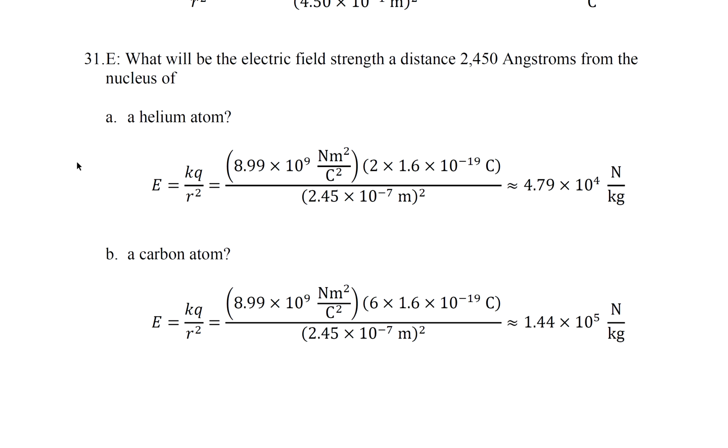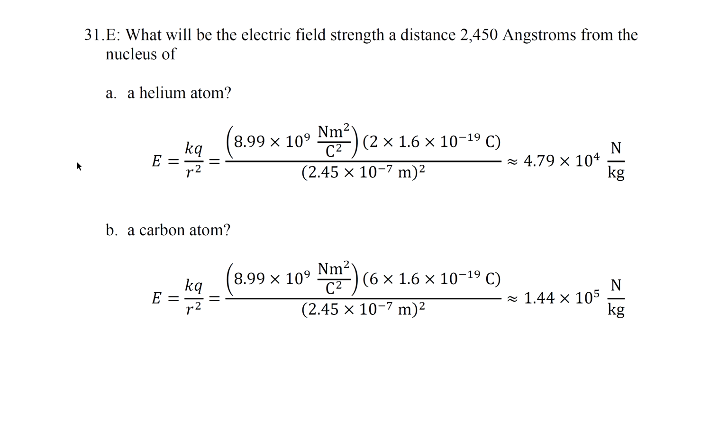Question 31. What will be the electric field strength at distance 2450 angstroms from the nucleus of a helium atom? So a helium atom has a proton and an electron, BAM. So that's why we have this 2. It's 1.6 times 10 to the minus 19 coulombs times 1.6 times 10 to the minus 19 coulombs.